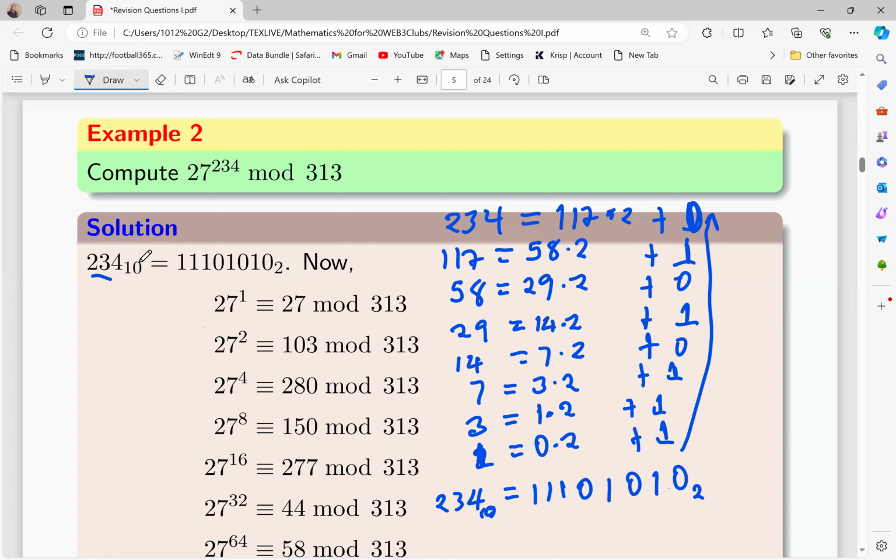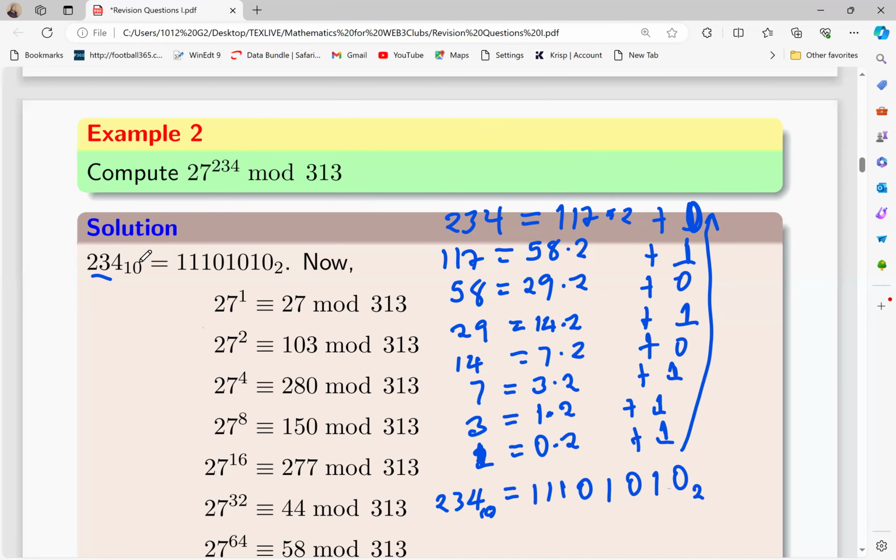We begin with 27 raised to 1, which is 27. It's smaller than 313, so you don't need to divide. If you were to divide, it would go 0 times and the remainder would be 27. To get the next one, you square the previous.